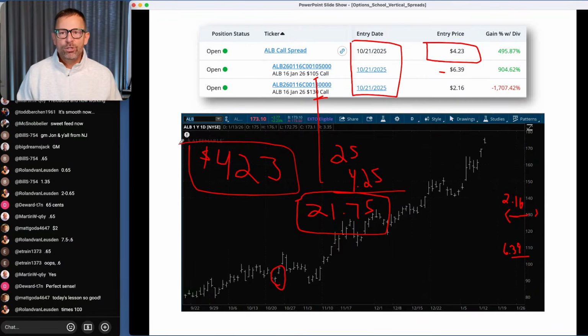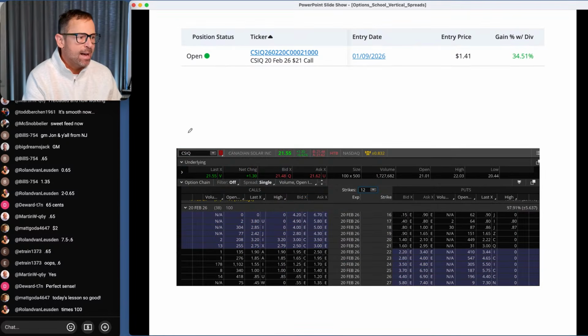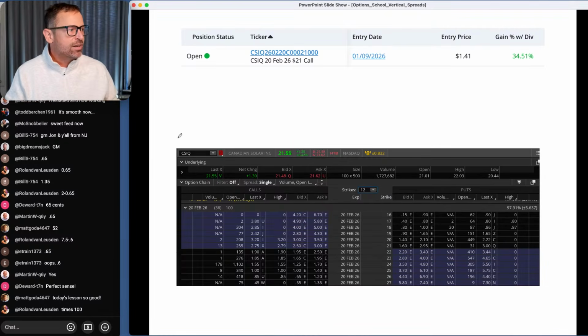So the reason we do vertical spreads, it's a great way to reduce your risk while still keeping you in the game in case your stock ends up like an ALB that runs just through the roof. I encourage you to go back and watch this presentation to understand vertical spreads.